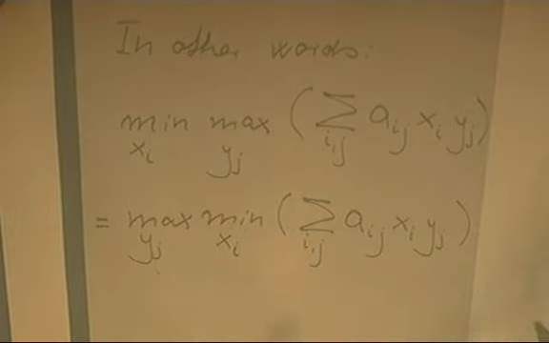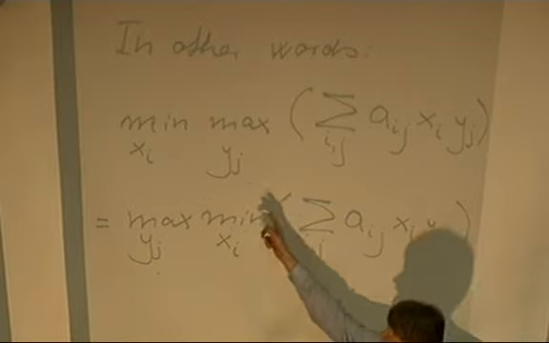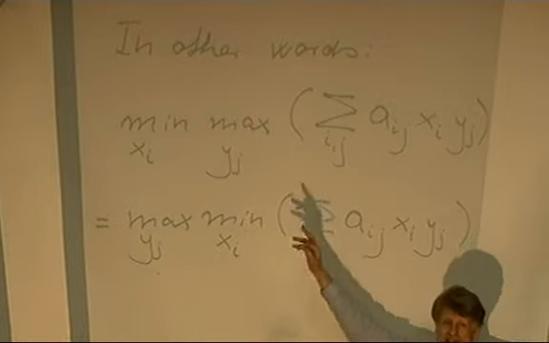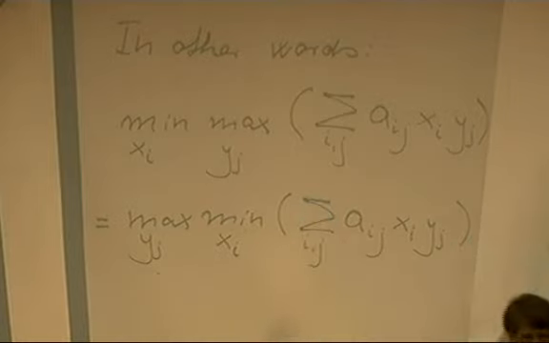In general, if you have a function of two variables and you maximize with respect to one variable and minimize with respect to the other variable, then usually the order in which you do this is very important. You can make easy examples showing that this is very important, but for this special case, it doesn't matter.